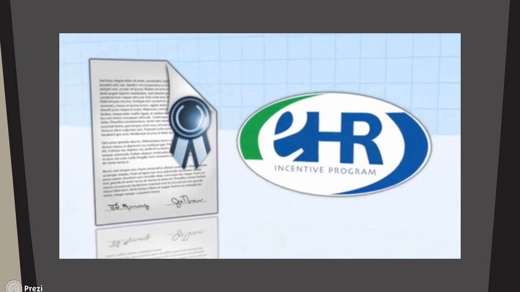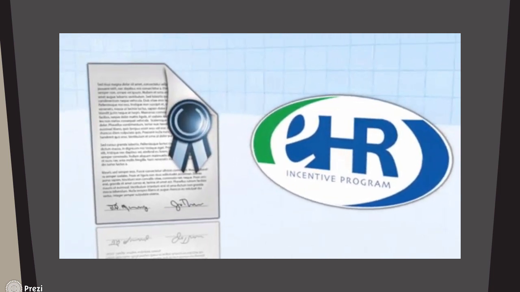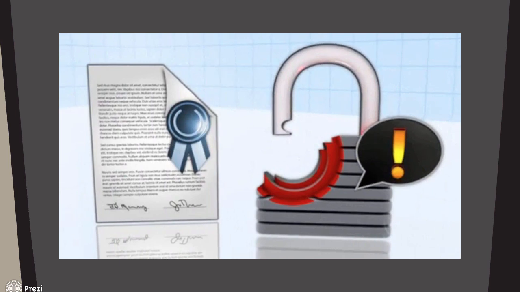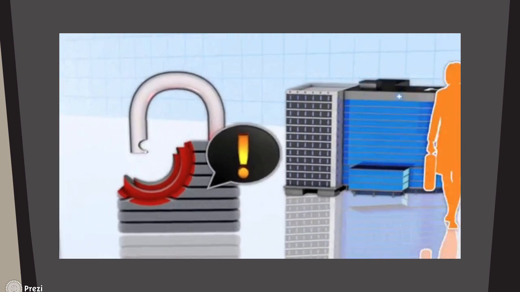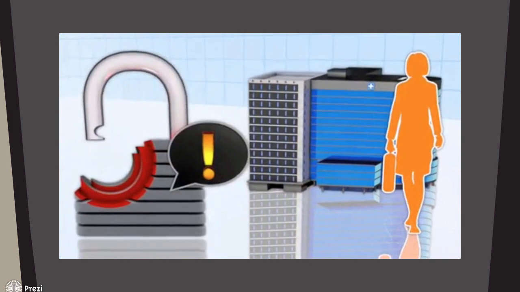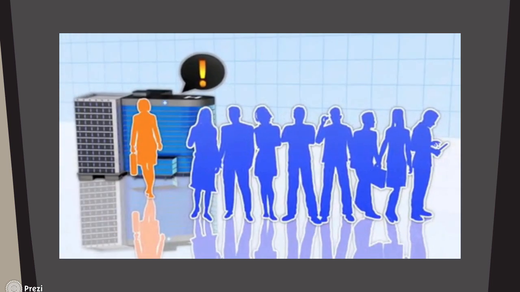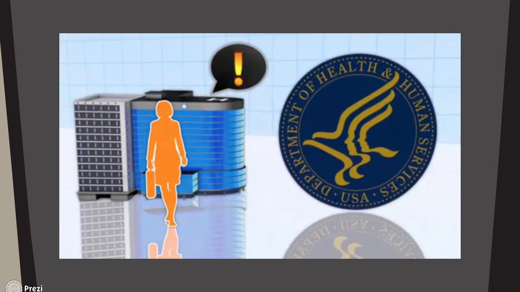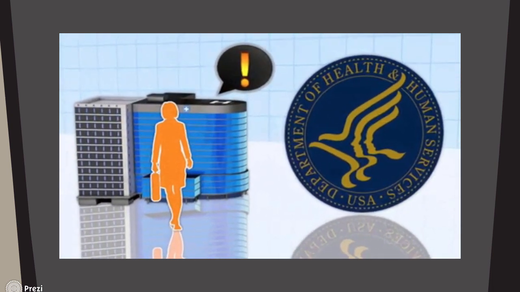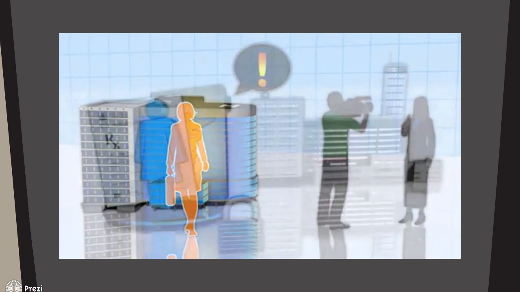The HITECH Act is the same law that created the Electronic Health Records Incentive Program, as well as the HIPAA Breach Notification Rule. The Breach Notification Rule requires that covered entities and business associates must provide notification of a breach to affected individuals, the Secretary of the U.S. Department of Health and Human Services, and, in certain circumstances, the media.